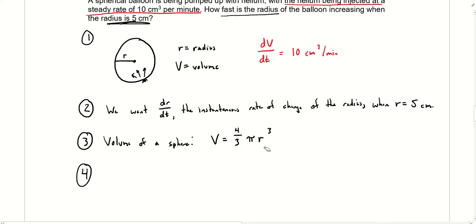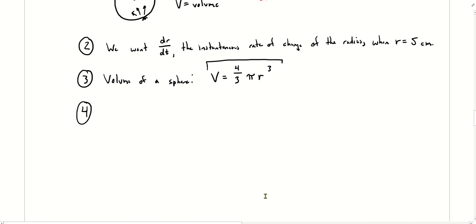So let's see what that looks like. I'm going to differentiate this implicitly with respect to time. So volume, v, that's just the variable, that's just the quantity. Derivative of the variable on its own, like the derivative of x, is just 1.